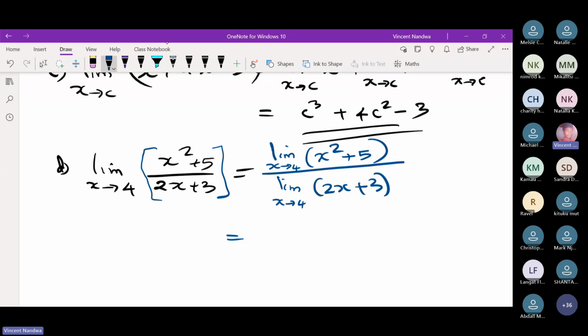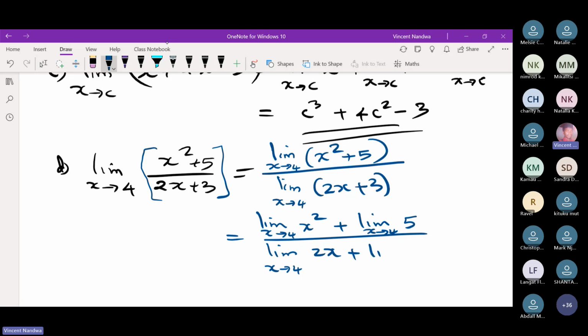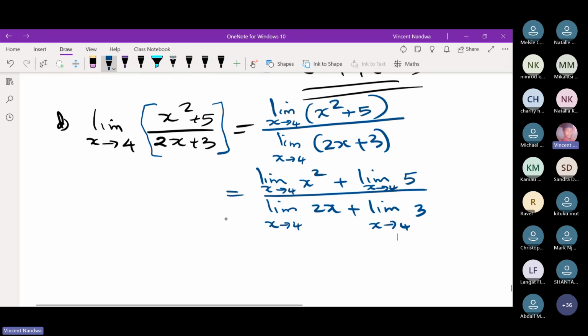So we'll have the limit as x approaches 4 of x squared plus the limit as x approaches 4 of 5 over the limit as x approaches 4 of 2x plus the limit as x approaches 4 of 3. This first one is quotient rule, and this one is sum rule.